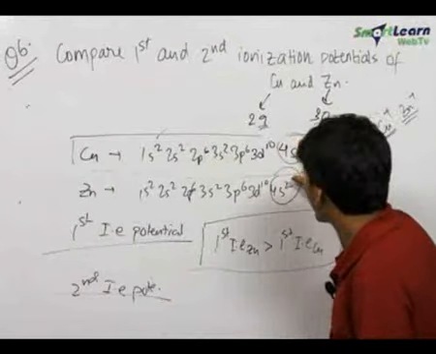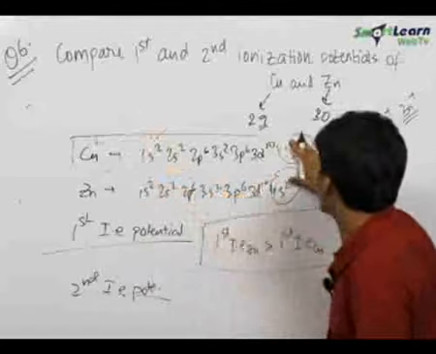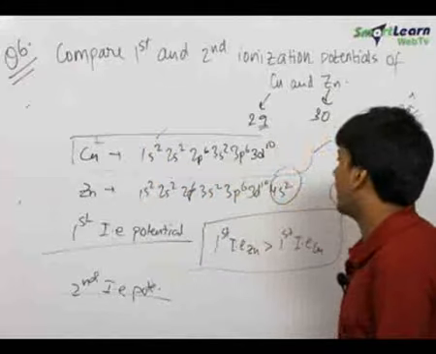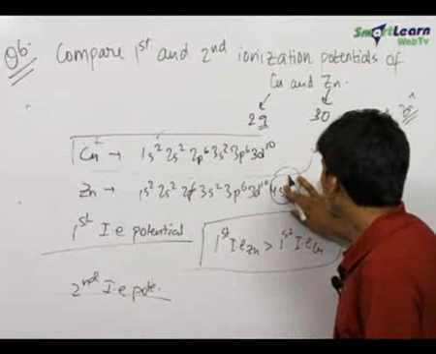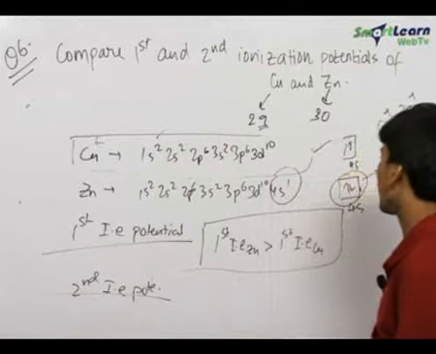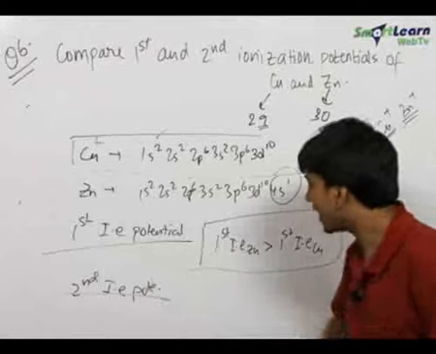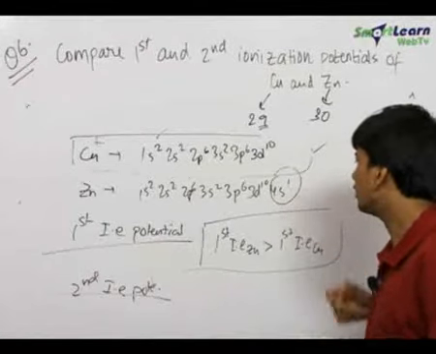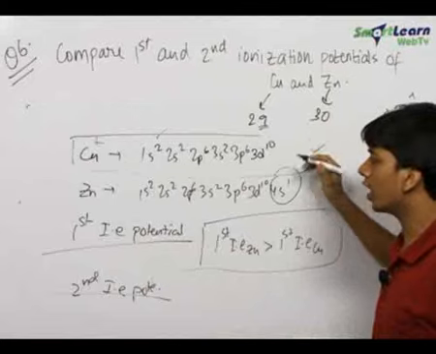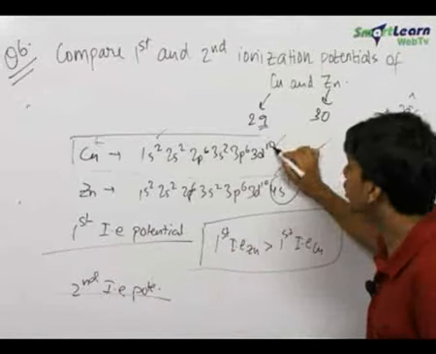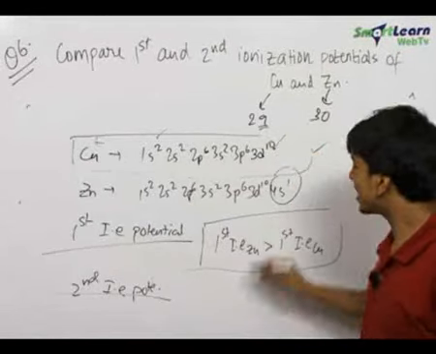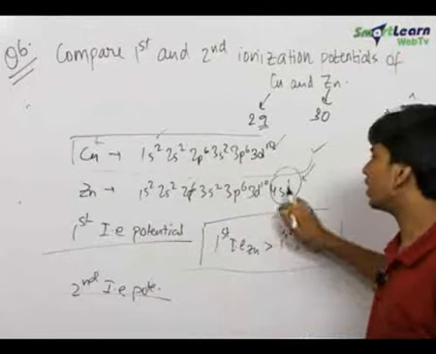Therefore the configuration of copper plus becomes 3d10 and of zinc plus becomes 4s1. Now for the second ionization potential, we have to remove one more electron. So it has to be removed from the d orbital of copper, whereas it has to be removed from the s orbital of zinc.